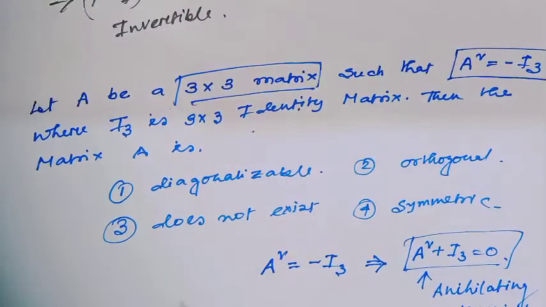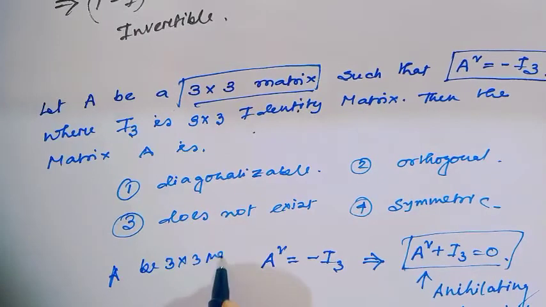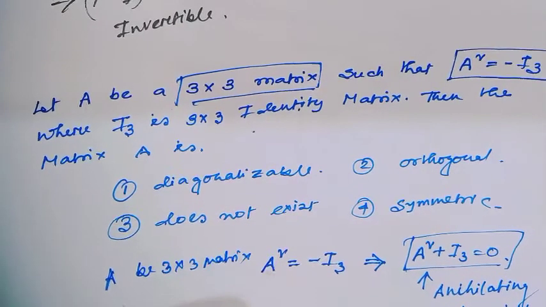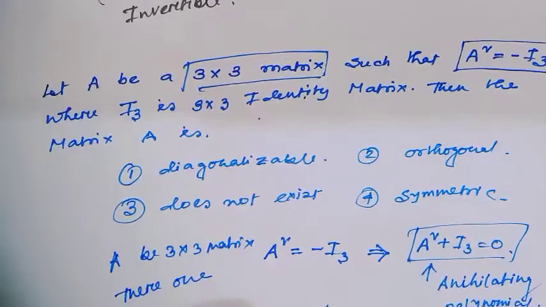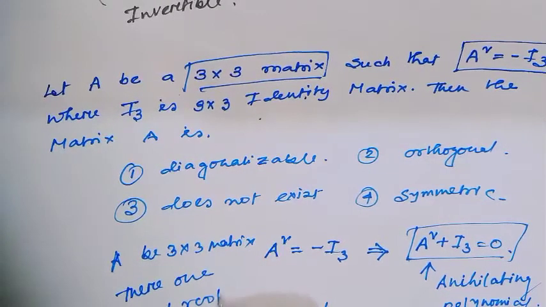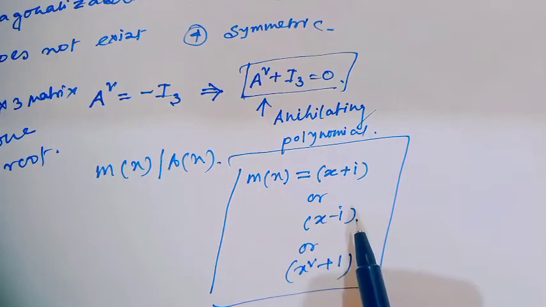Since A is a 3 cross 3 matrix, there always exists one real root. This cannot be the minimal polynomial because it has no real root.